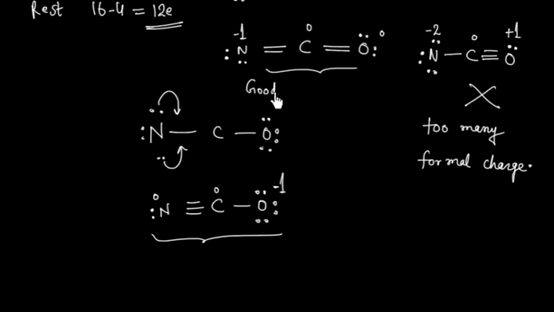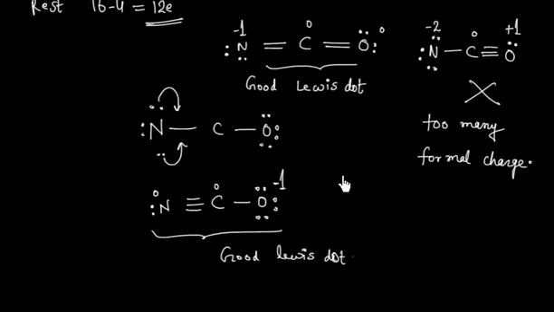This is a good Lewis dot structure, and this is also a good Lewis dot structure. But these two Lewis dot structures are treated as resonating structures. If you see which of these two is better, this one contains the negative charge on oxygen, and this one contains the negative charge on nitrogen. So preferably this will have a better contribution than this, because it has the negative charge on the more electronegative atom.